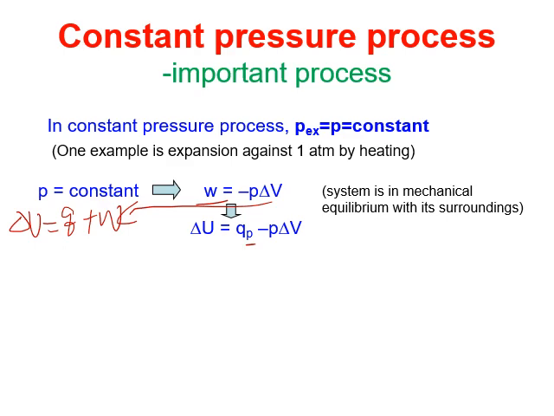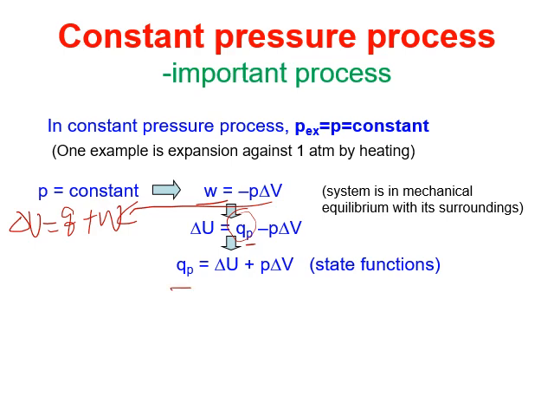Rearrange this equation to calculate the heat. We have Q equals delta U plus P delta V. That's another interesting equation because heat usually is a non-state function.